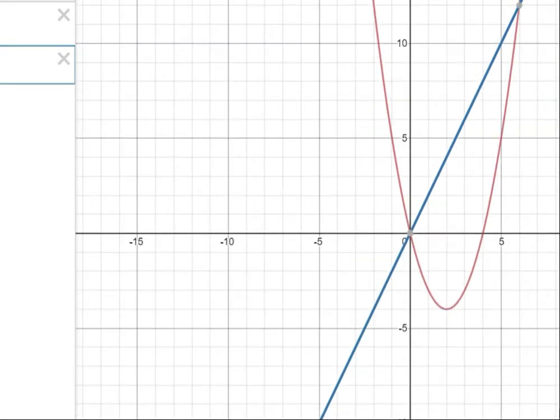And let's zoom out so we can see where they intersect. Desmos is nice when you have functions that intersect. They'll give you what those points are if you want to solve it that way. But if you look at the area in between, notice that the line is lying on top and the parabola, y equals x squared minus 4x, is lying on bottom.